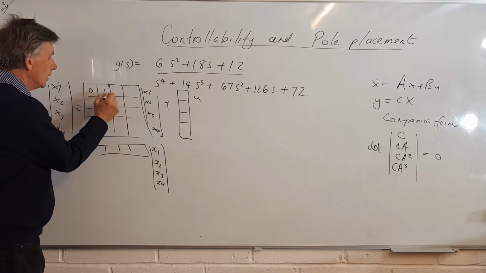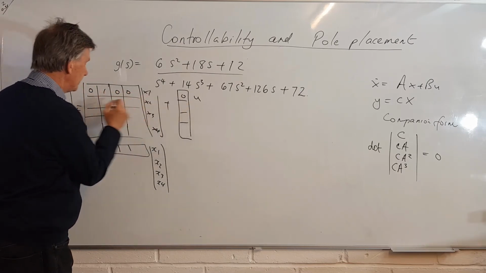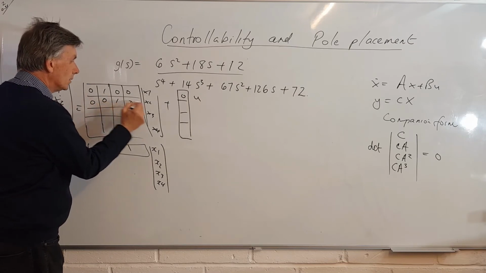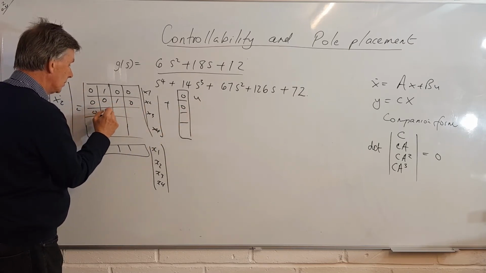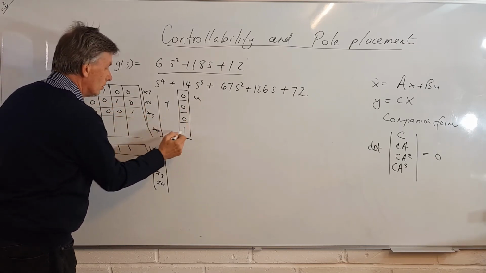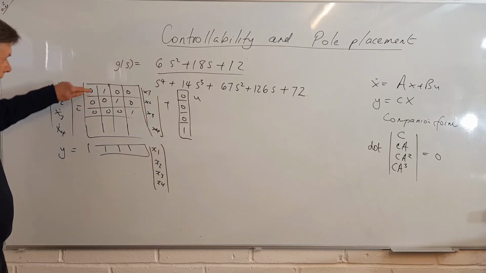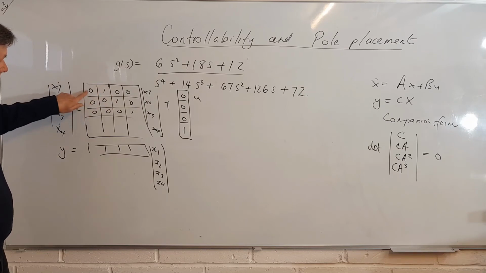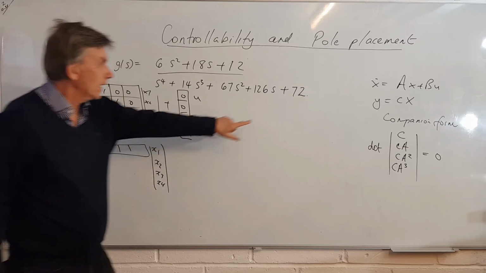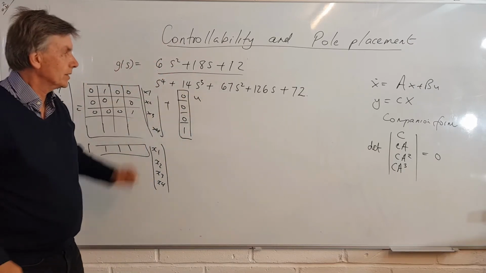The matrix rows are 0, 1, 0, 0; 0, 0, 1, 0; 0, 0, 0, 1; and the last row. So we fill in the whole top with zeros, put a 1 down there, put a set of 1s, not on the main diagonal, but one off, and then the bottom row numbers are these numbers here in reverse order with negative signs.